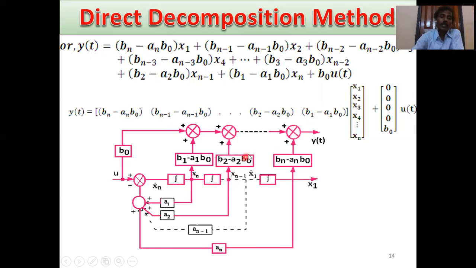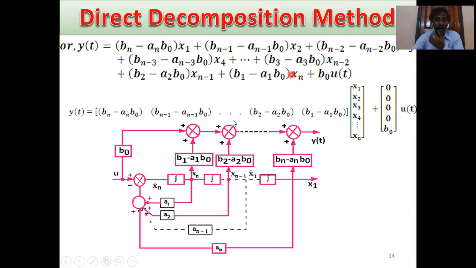So this is the final block diagram. Just u into b0. And xn into b1 minus a1 b0.